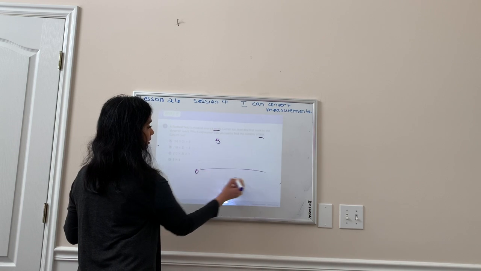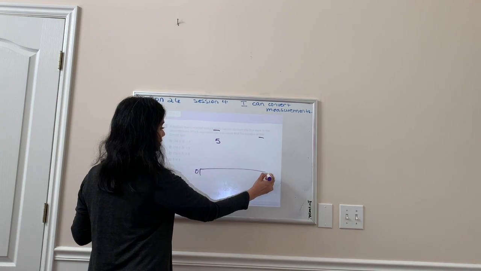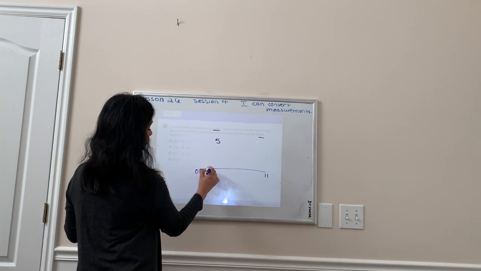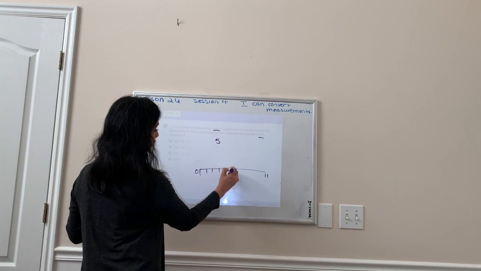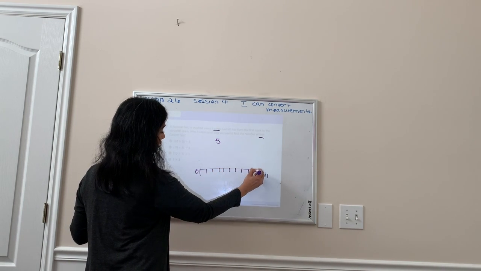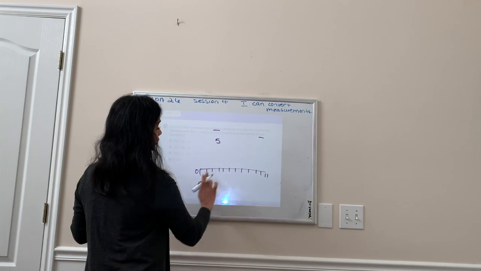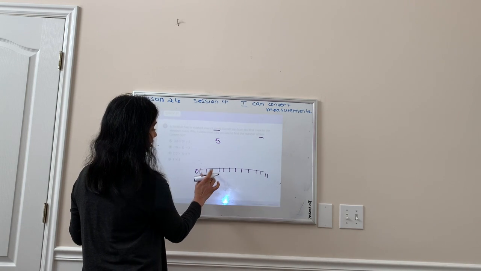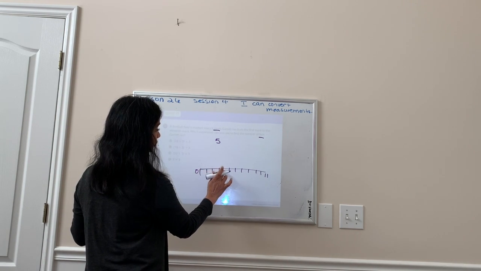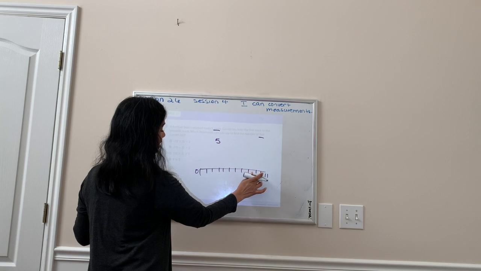If we did a line like this, 1 to 11, 1, 2, 3, 4, 5, 6, 7, 8, 9, 10, and not 1 to 11. So usually when you go from 0 to 11, there are 10 marks, right? 1, 2, 3, 4, 5, 6, 7, 8, 9, 10.